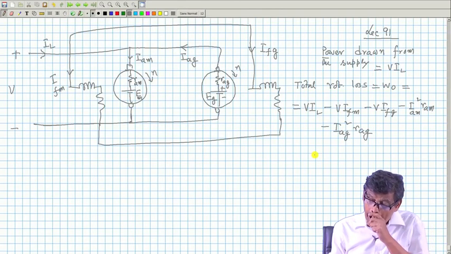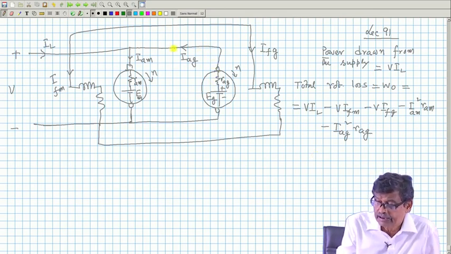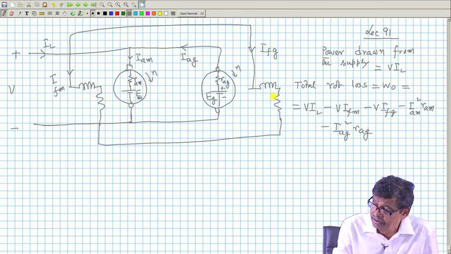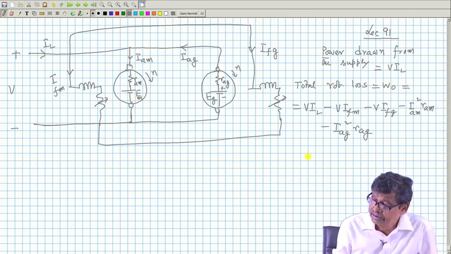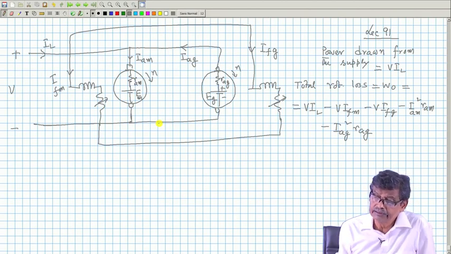Now, this generator armature current is no longer the no load current. I can adjust the field resistance of the generator and motor such that EM is less than EG, and current directions will be like this.